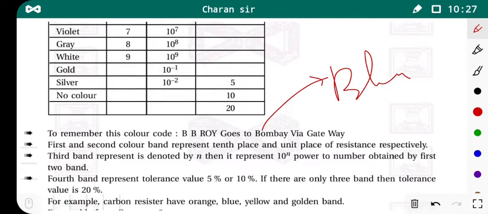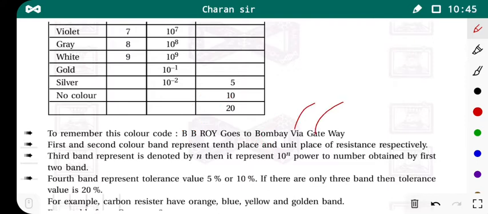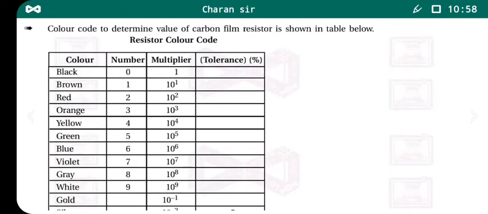You must remember there are 3 Bs: the first is black, the second is brown, and the third, at the fifth or sixth number, is blue. Then V is violet, G is gray, and W is white. By remembering this sentence, you can easily remember all the color names given in the table.